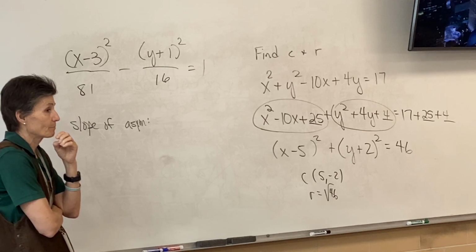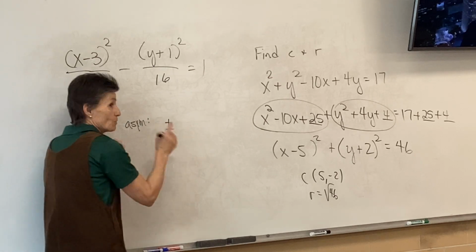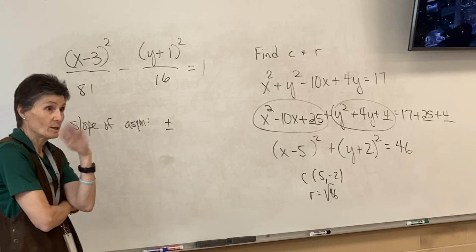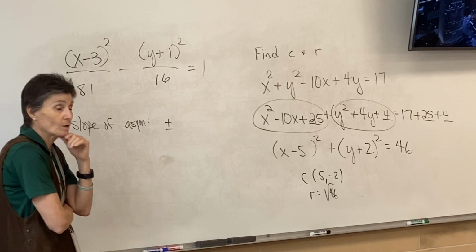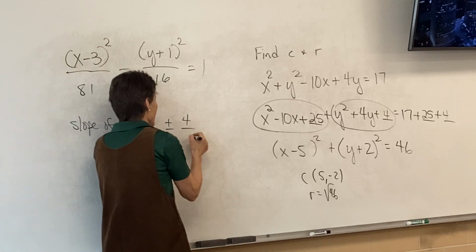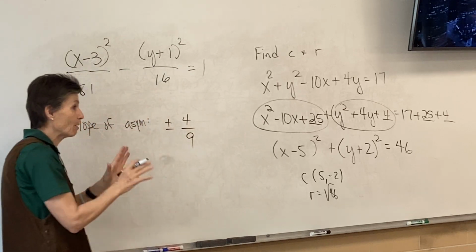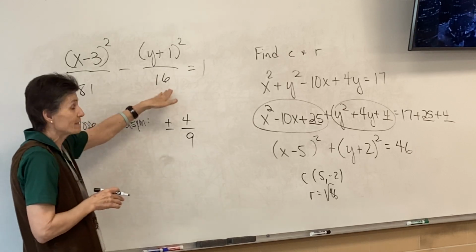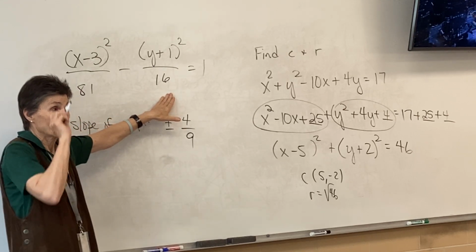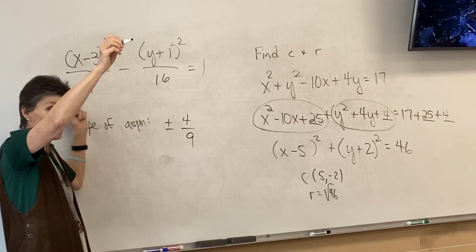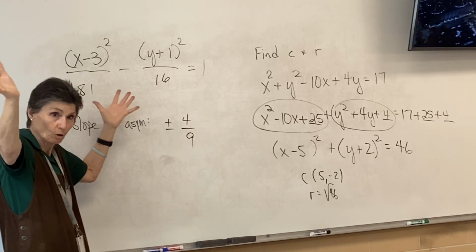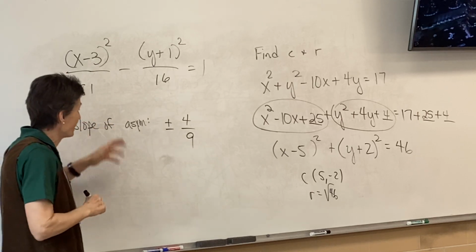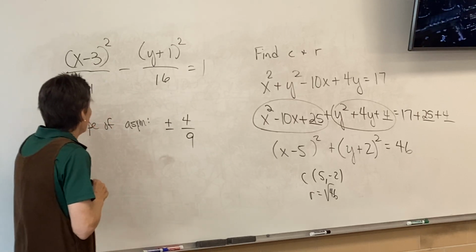Plus or minus 4 over 9. Just remember how one's positive and one's negative. Why is it 4 over 9? You don't have to draw it all out, but you can. What would this 16 tell you? Up 4, and that tells you to go over 9, and that's slope, up over over. So plus or minus 4 over 9 is it.